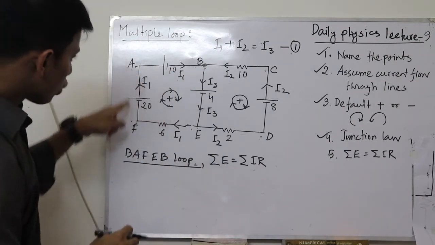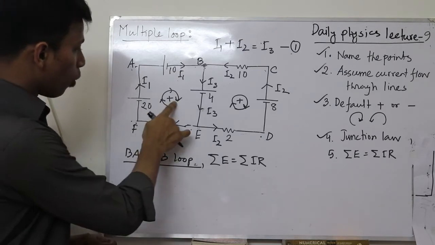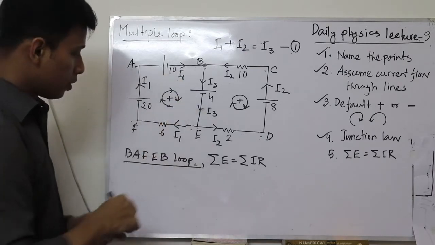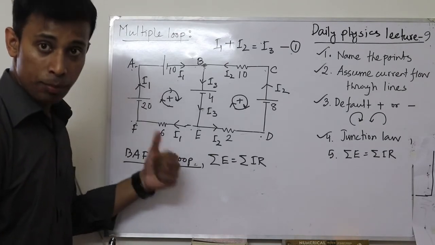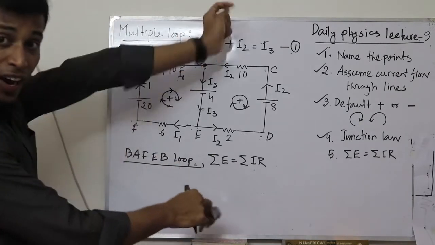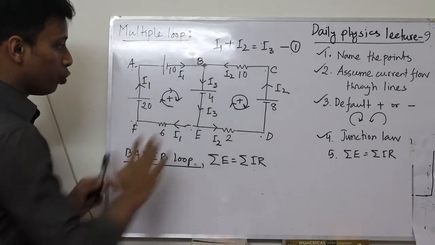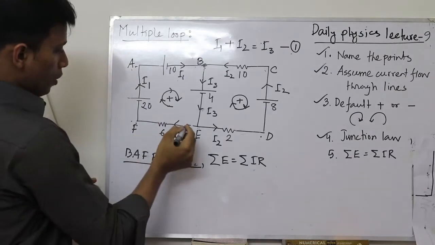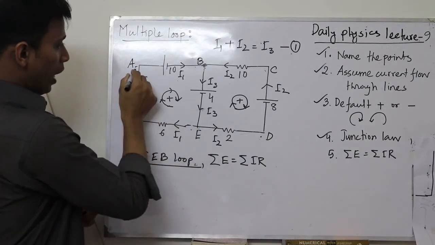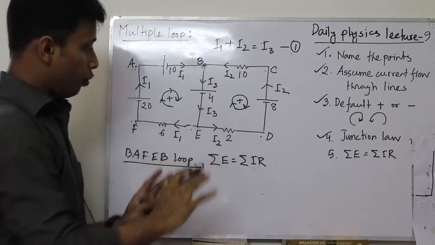So in this loop, our default positive is clockwise, and we have to get the E's, that means the EMFs. So let's find out the cells. How many cells do we have in our loop? Forget about this other side.